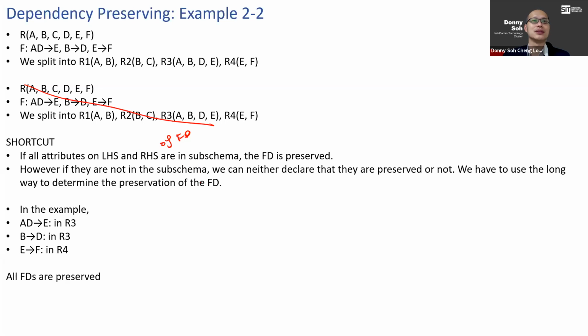However, if they are not, then we can neither declare that they are preserved or not. So we have to use the long way of doing it. So in this example, as I said earlier, this is preserved because of R3, this is preserved because of R3, and this is preserved because of R4.